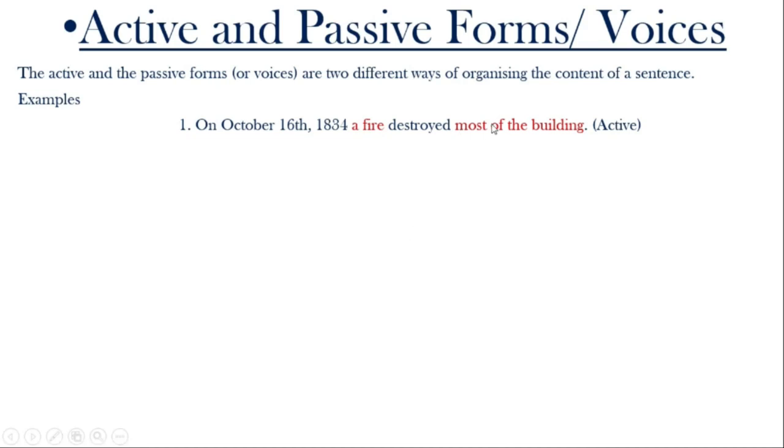Now, let's see the following sentence from active into the passive form. Also, before we start, we have a fire which is a subject or a doer, and most of the building is the direct object.